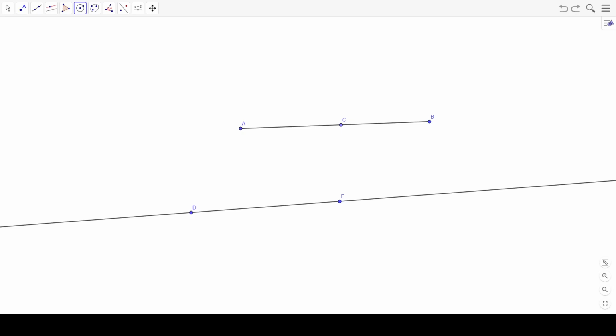Now, moving on to Euclid's fourth definition, there's a distinction between straight lines, like we see here, and curved lines, like a circle, for example. But a straight line is, again, something that's kind of difficult to define, and Euclid's definition about lying evenly with the points on itself doesn't really say very much.